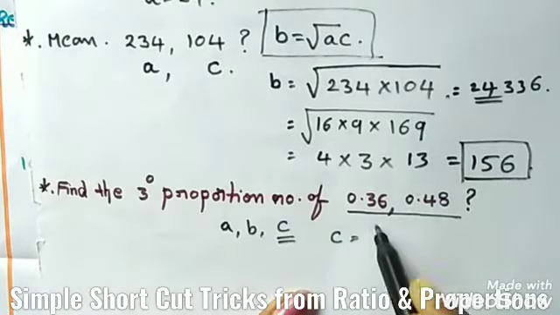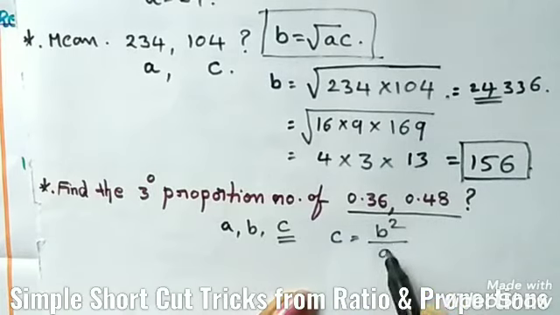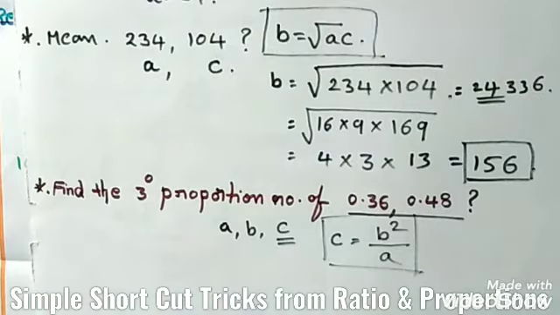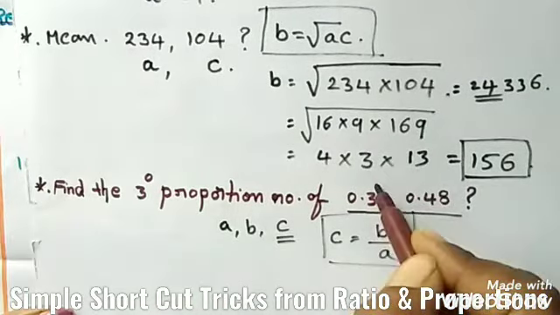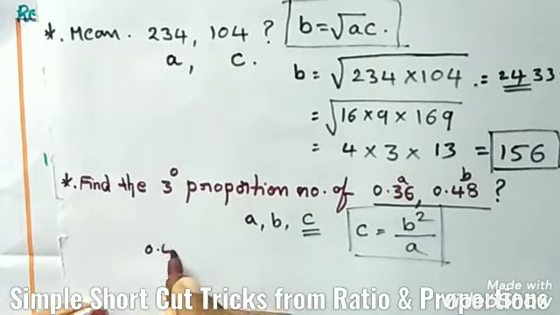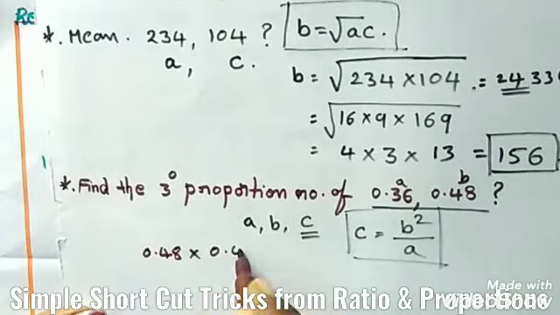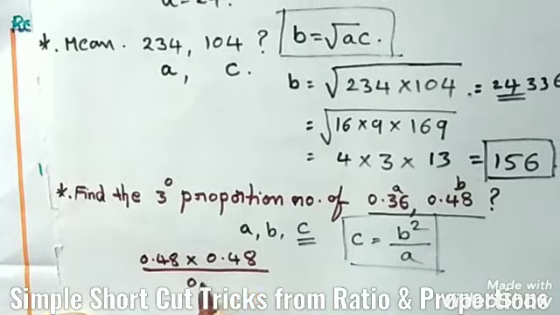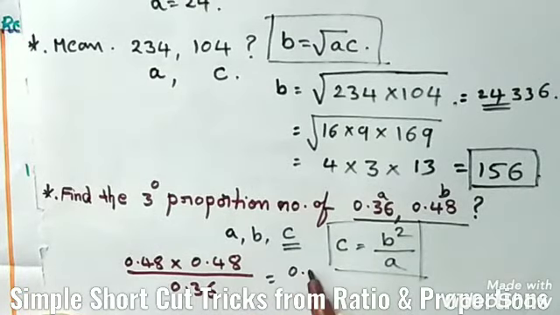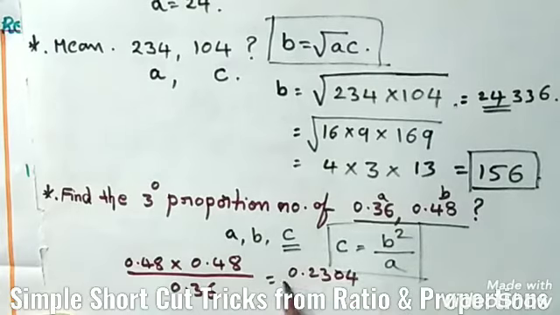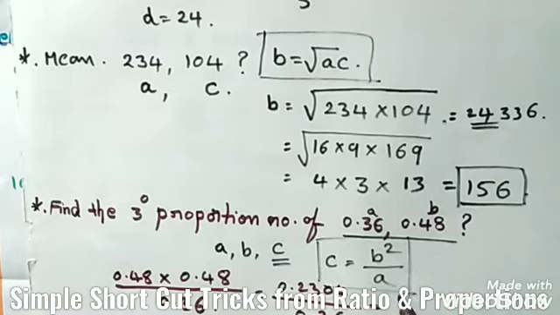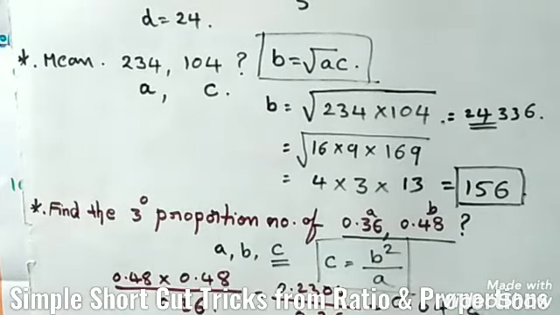Means C is equal to, here is the formula, B square by A. Here is A and this is B. B square by A means 0.48 into 0.48 by 0.36. If you multiply these two numbers, you should get 0.2304 by 0.36. If you simplify these two, you should get 0.64.